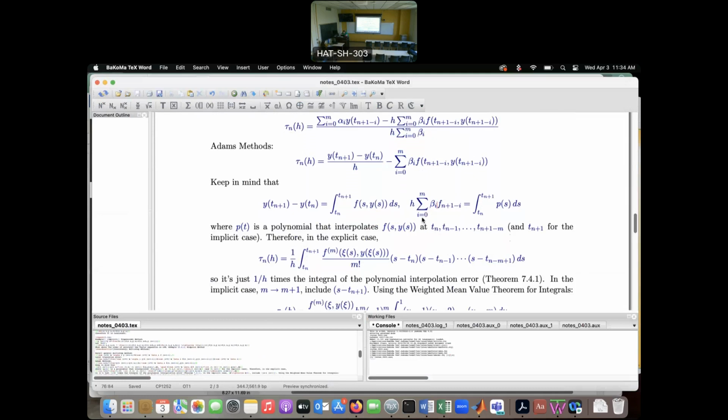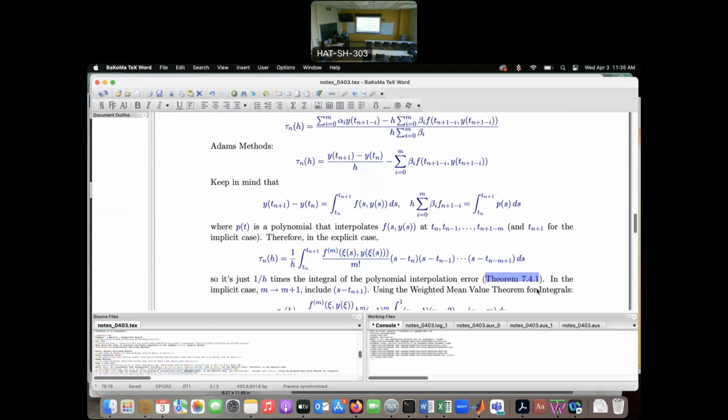Now, when you have interpolatory quadrature, the way I like to describe it concisely is the error in the integral is the integral of the error. And the latter error in this case is the error in polynomial interpolation. So this integrand right here is literally the polynomial interpolation error. This is a theorem in the book where that error formula is given.